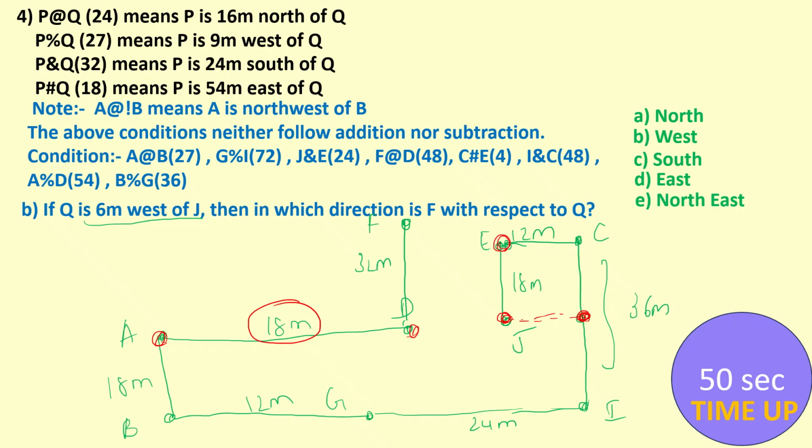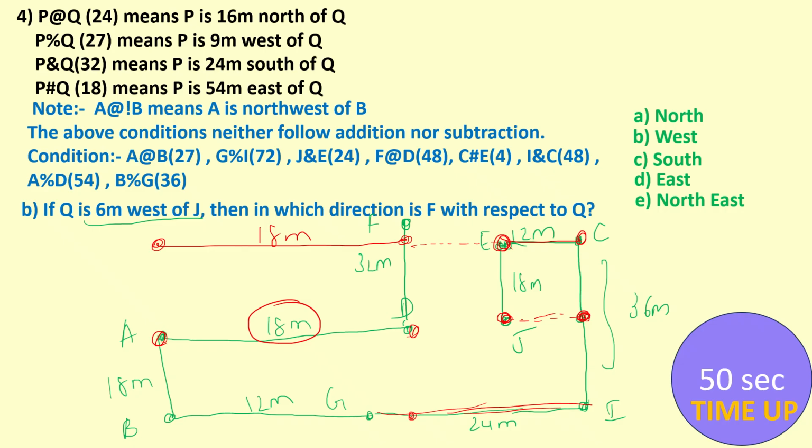So if you take E to C also, this is 12 meter. And from this to this is 18 meter. Correct? So what will be this meter? Because till here, if I take this full is 24 meter.